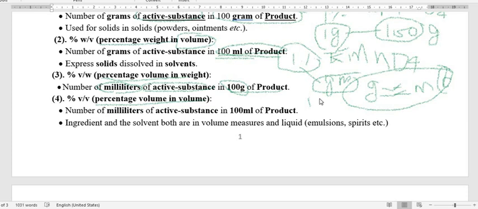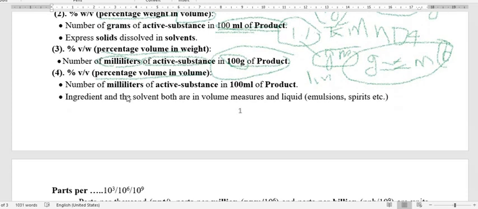Here it is the volume, not 1%. You have to make 1%. Then you dissolve 1 ml of KMnO4 and make the final weight 100 gram. Means the vehicle should be solid, and you mix it in the solid, and that is going to make the 100 gram.